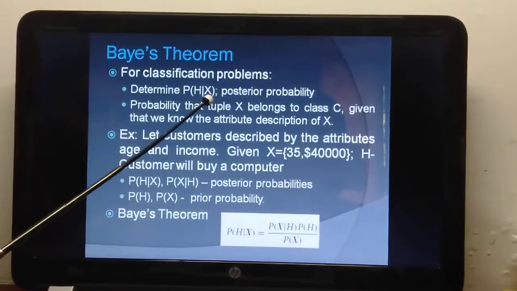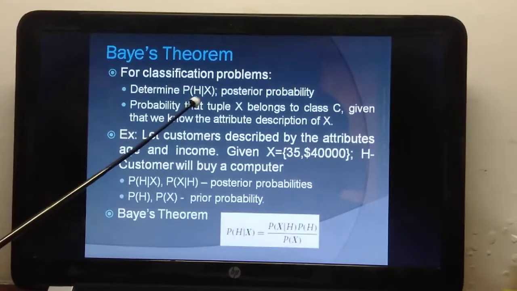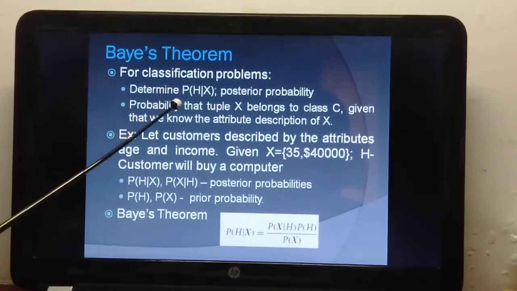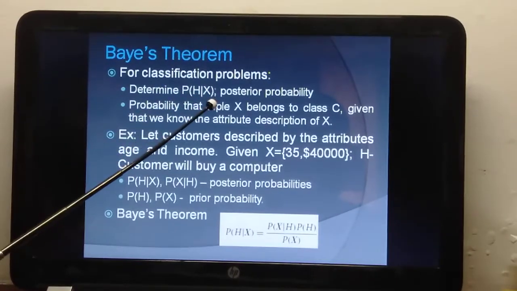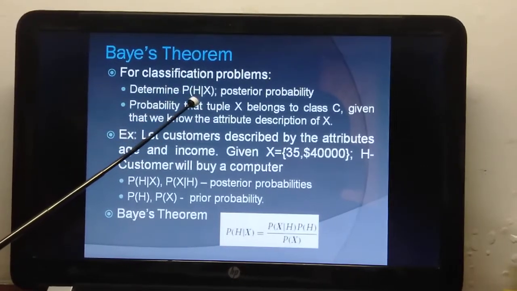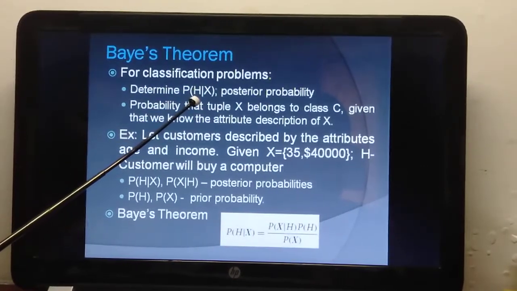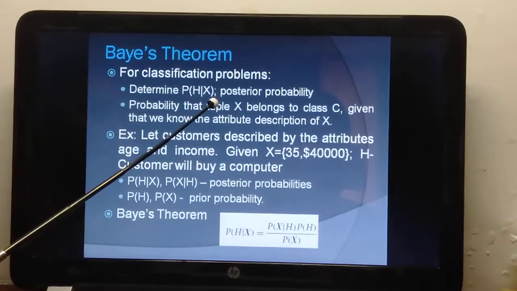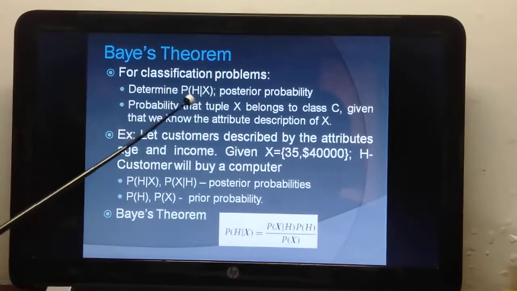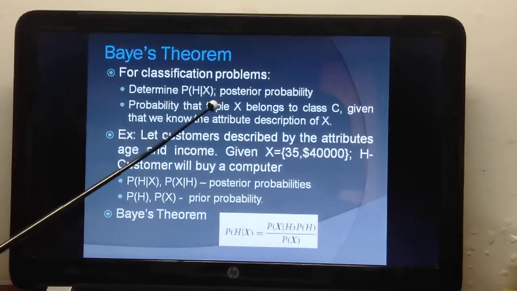When we say probability of H given X, what we mean is the probability of the hypothesis happening if the condition X has already happened, and that is called posterior probability. That is the probability of H after X happens.